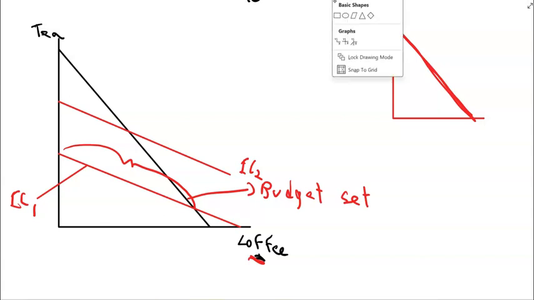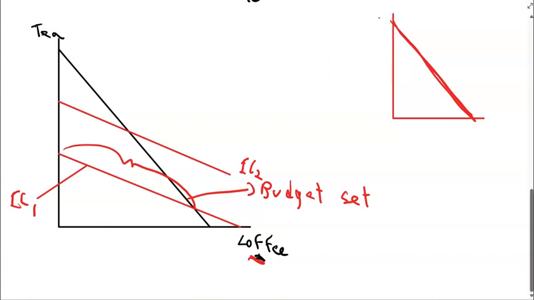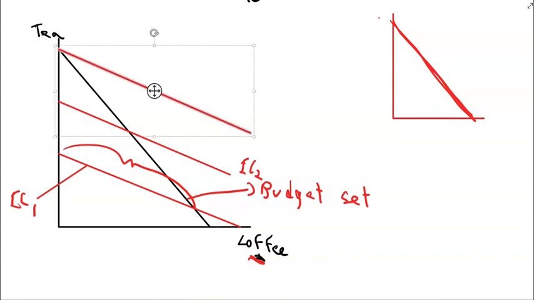I'll keep on going until I am parallel to the other indifference curve, but just touching the budget line at point M right here. Based on this shape, I can see that my preference here is that I prefer tea to coffee, and so I consume only tea and no coffee.